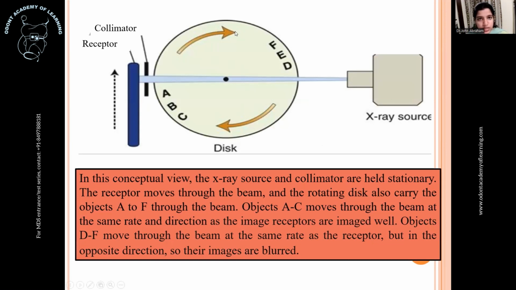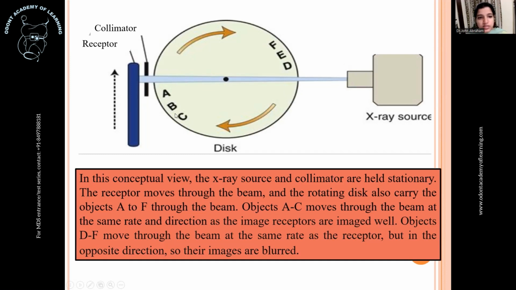One will be rotating in a clockwise direction and the other in an anti-clockwise direction. And you have the object being placed upright, and you have two collimators, one near the X-ray source, which causes your beam to become a narrow one, and a collimator near your receptor, which prevents the scattered radiation from the object.